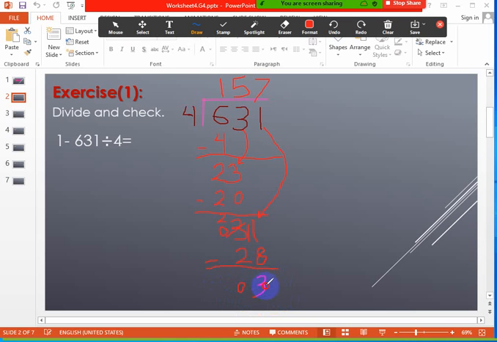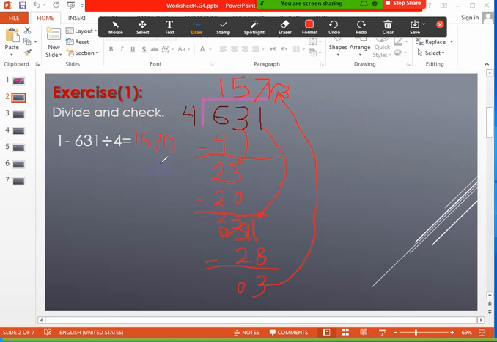That means this number, I will put it next to the quotient right here as a remainder, and the symbol for this remainder is R3. So this is the quotient. The quotient is 157 R3.